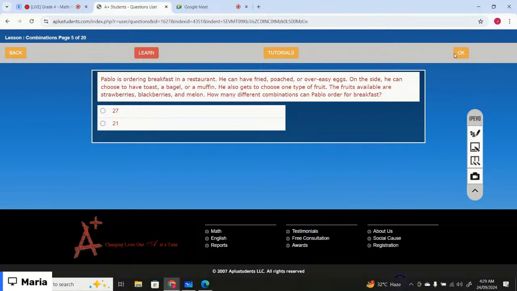Pablo is ordering breakfast in a restaurant. He can have fried, poached, or over easy egg. On the side, he can choose to have toast, bagel, or muffin. He also gets to choose one type of fruit. The fruits available are strawberries, blackberries, and melon. How many different combinations can Pablo order for the breakfast?